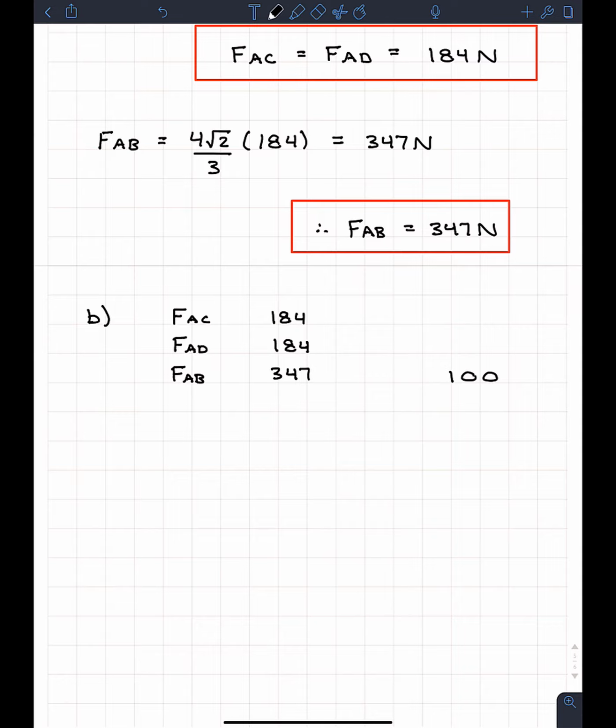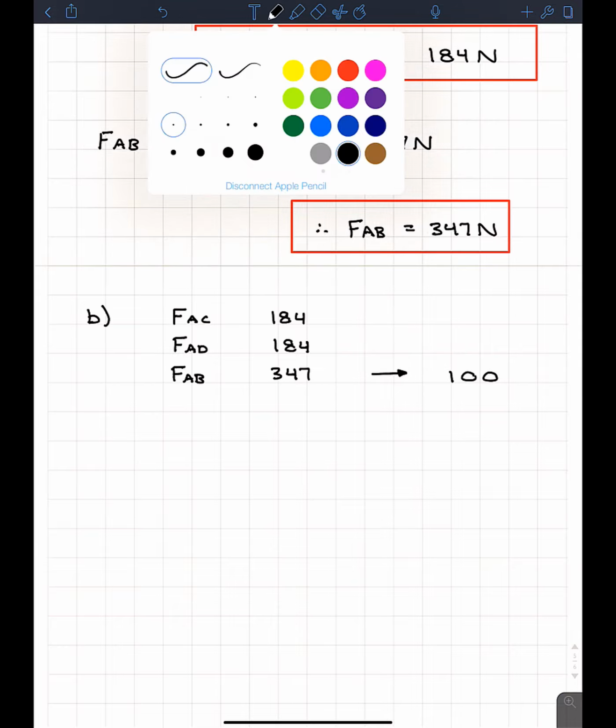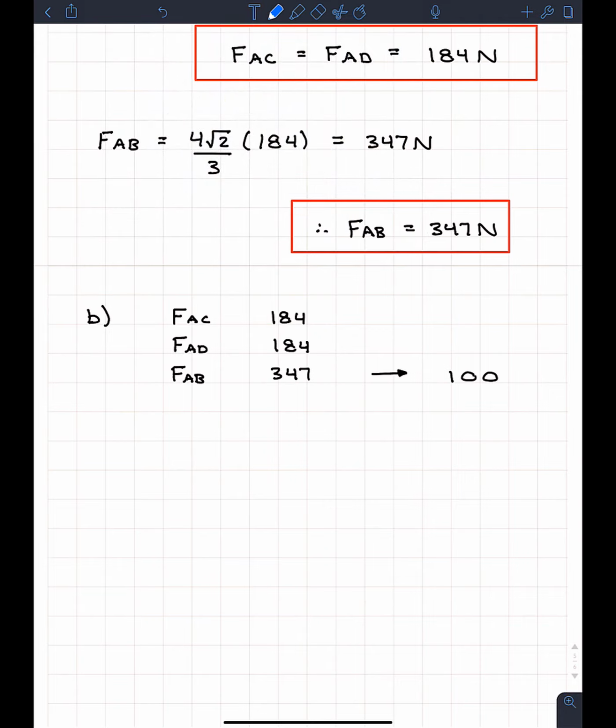So what we have to do is find a factor that takes us from 347 over to 100. All we're going to do is take 100 divided by 347, and what we find is our factor is 0.288.